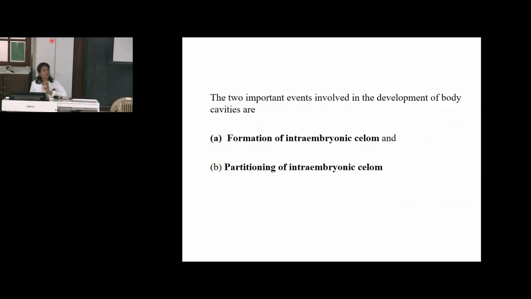So how are these cavities formed? Two spaces appear. In the last session we have seen the intraembryonic coelom. That is the horseshoe shaped space that appears in which layer of mesoderm?